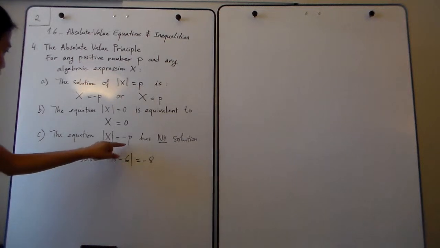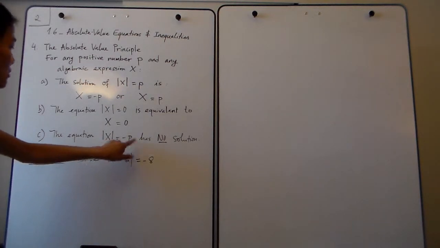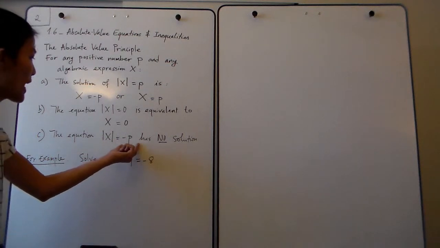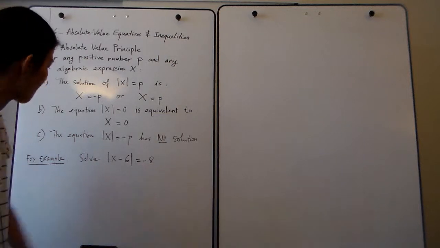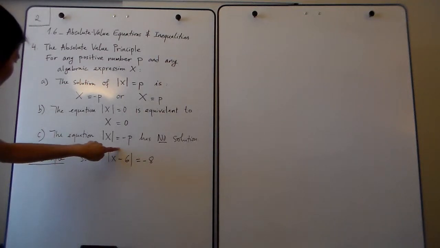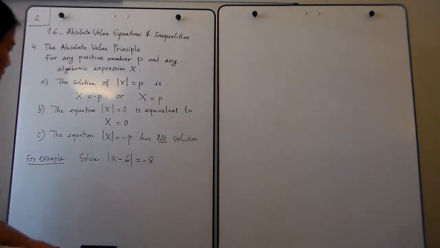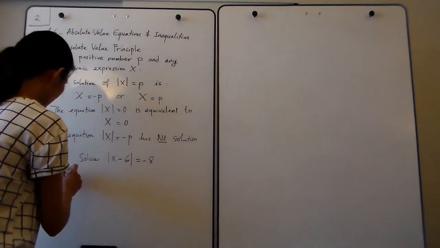Look at the third one. Look at that. This time, negative times a positive p is negative, right? So this right-hand side is negative, which satisfies this example. So for this principle, the equation has no solution. So all you need to do is say no solution.